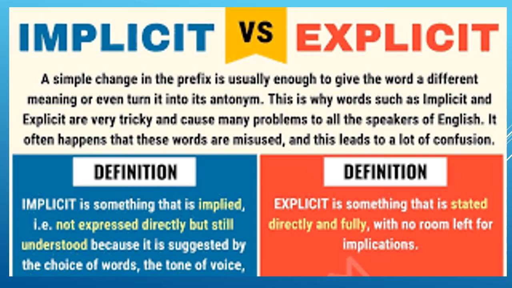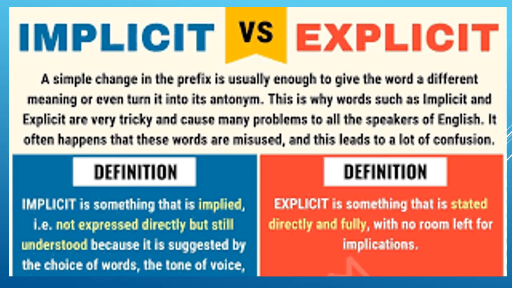This is why words such as implicit and explicit are very tricky and cause many problems to speakers of English. It often happens that these words are misused and this leads to a lot of confusion. So we will learn what implicit means and what explicit means.